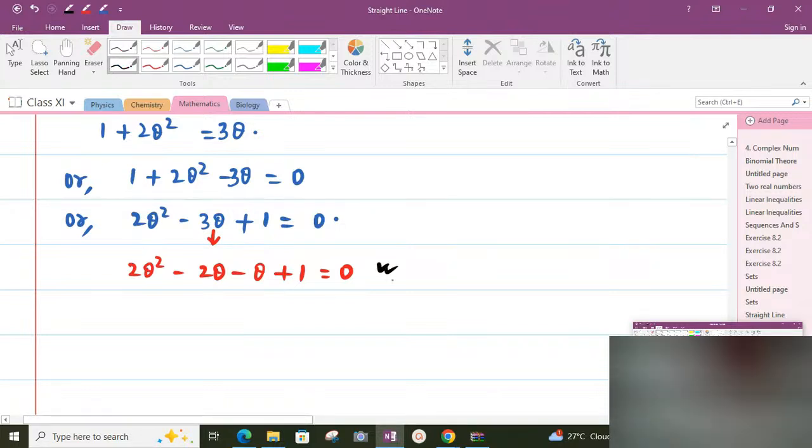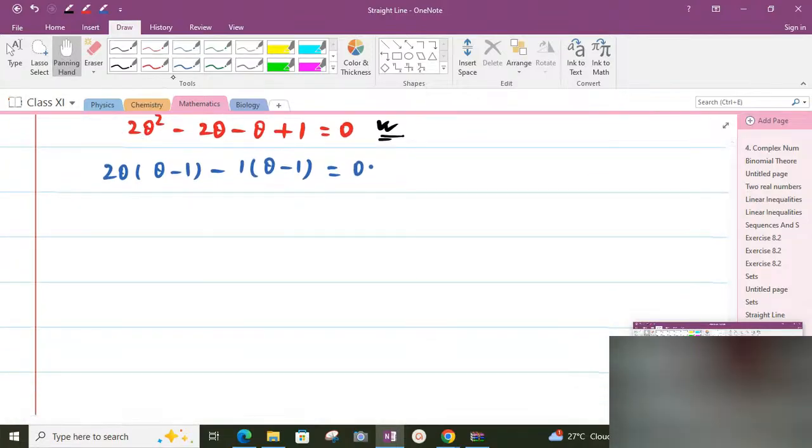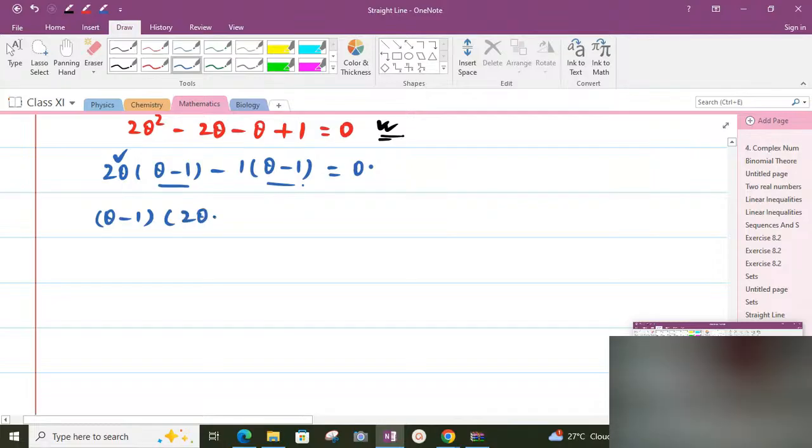There is no problem to understand up to this step. Now we take 2 theta as the common factor, then we get theta minus 1. We write down minus and take 1 as the common factor, then we get theta minus 1 equals 0. Now we take theta minus 1 as the common factor, then we write theta minus 1 and 2 theta minus 1 equals 0.